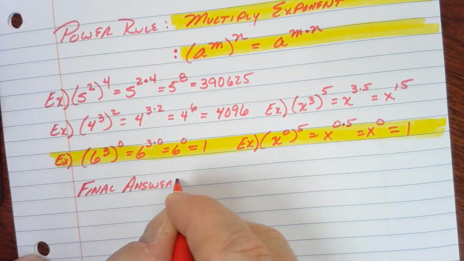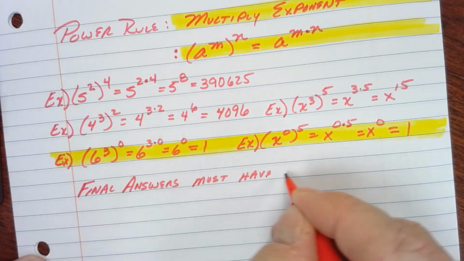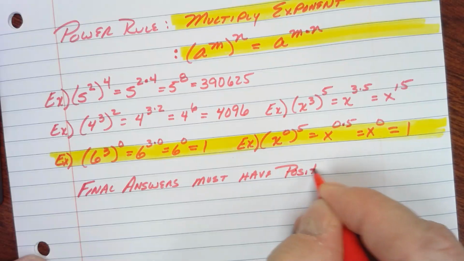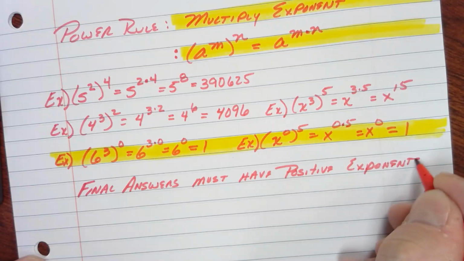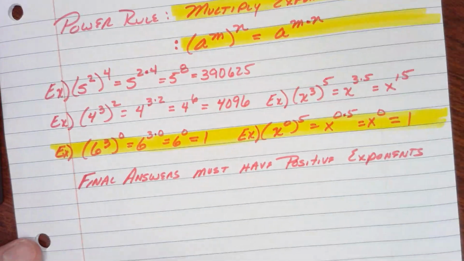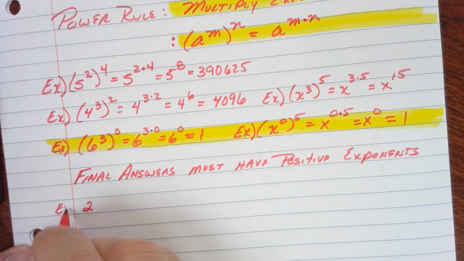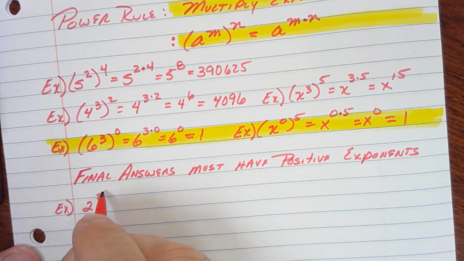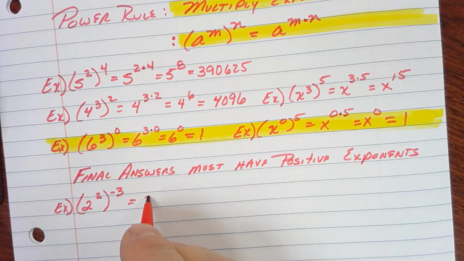Final answers must have positive exponents. So if I give you 2 squared raised to the negative 3 power, this is going to be 2 to the negative 2 times 3, or negative 6.